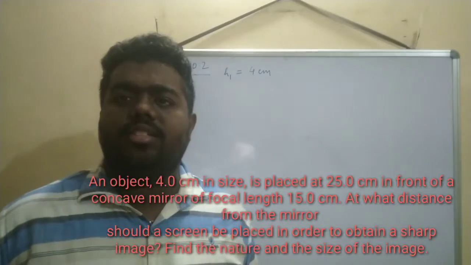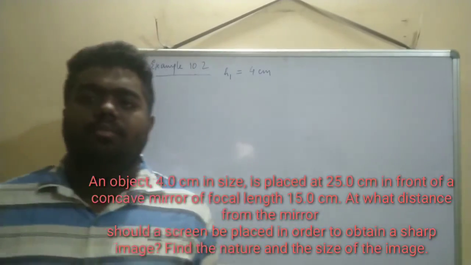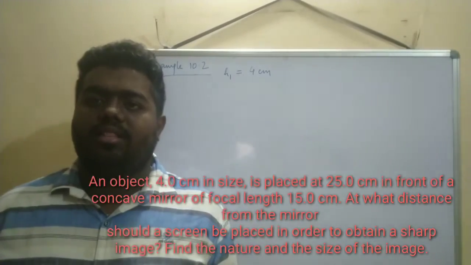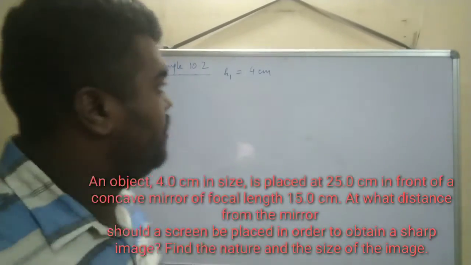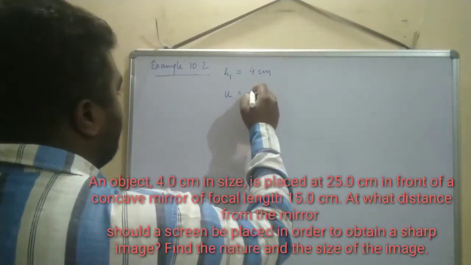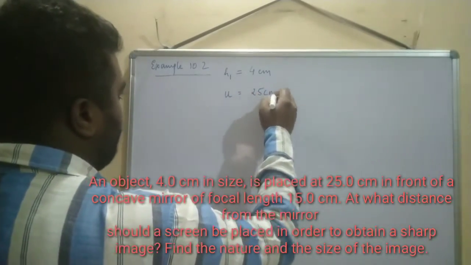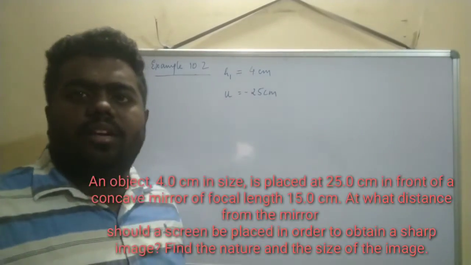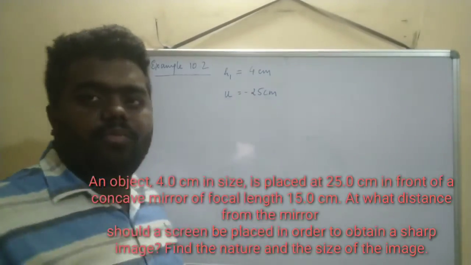The distance of the object is given, that means u is given. So u is how much? 25 cm, and since this is the distance of the object, it will be taken as negative.